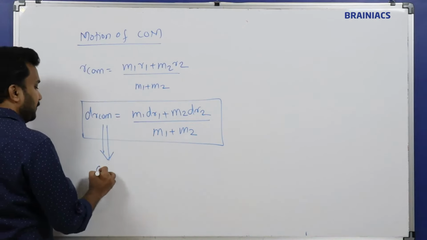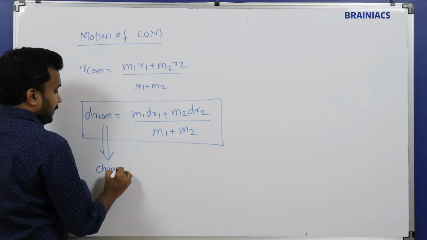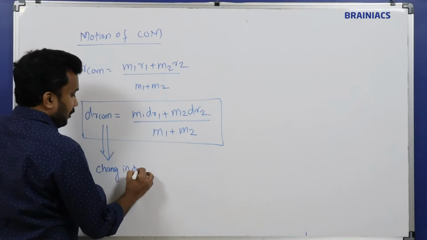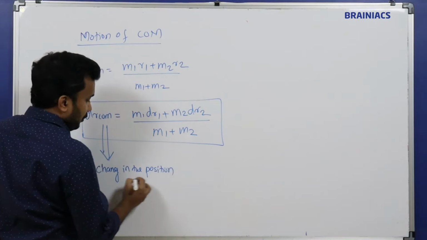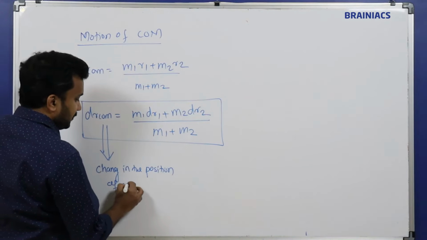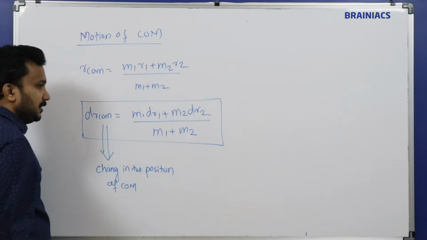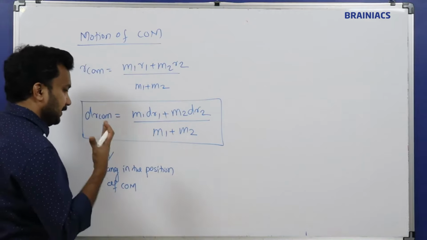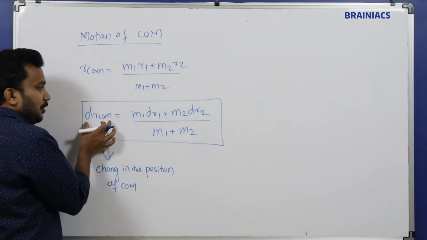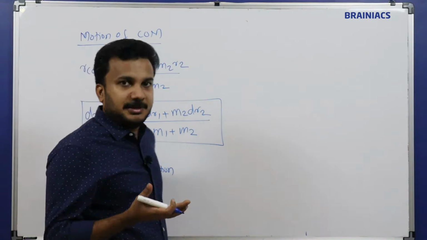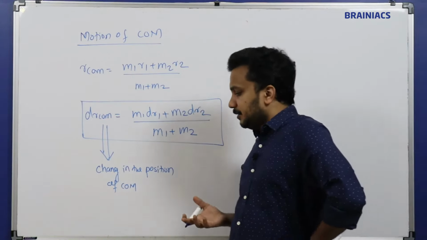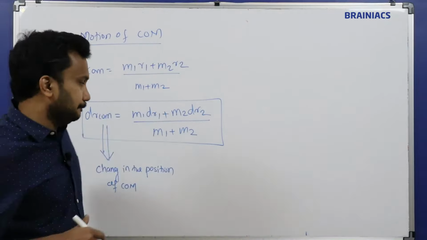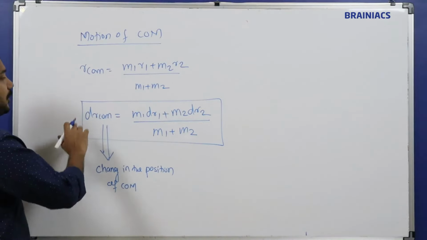This indicates the change in the position of the center of mass. If the center of mass is not changing, then what is the value of the difference? If it is not changing, it means final position is equal to initial position. So drCOM is equal to 0. If it is changing, then it should have a value.